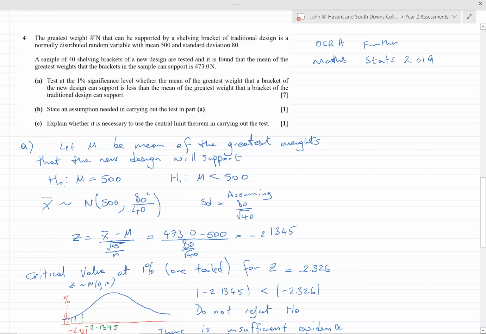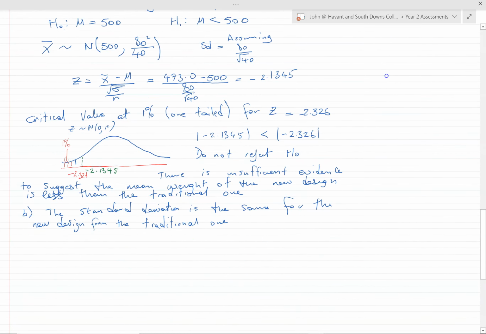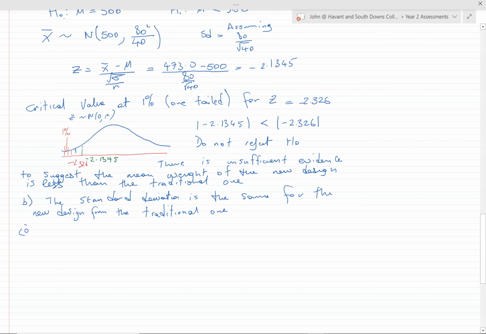So my feeling was that the answer was yes, the central limit theorem is being used because we cannot assume that the population of the new design is normal. That's what I'm going to go for, and it does get the mark.